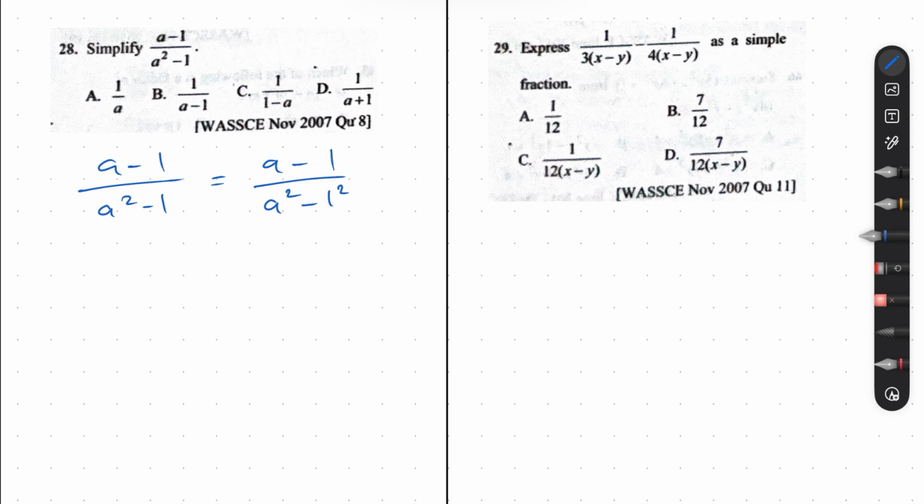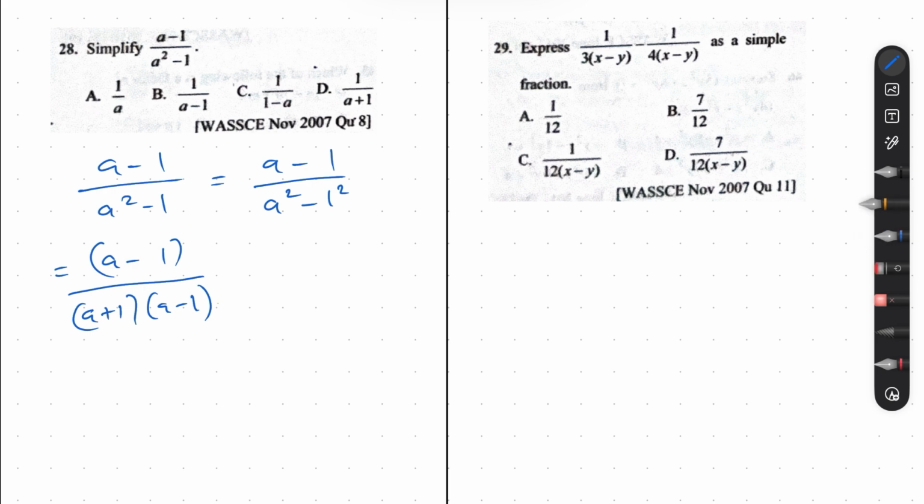And we know that a difference of two squares can be rewritten as the addition of the terms multiplying the subtraction of the terms. So what we would have is a minus 1 all over a plus 1 multiplying a minus 1.